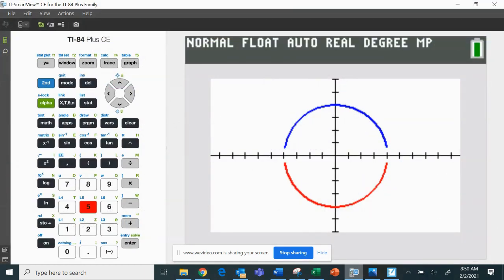Holland, can you tell me the X-intercepts? I heard -4. That's all I heard. Oh, 4 and -4. Yeah.